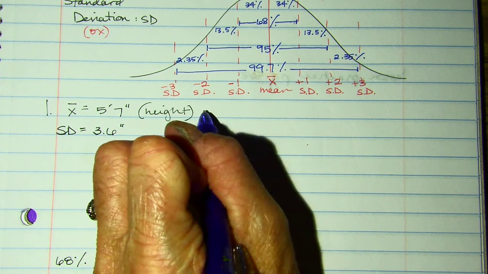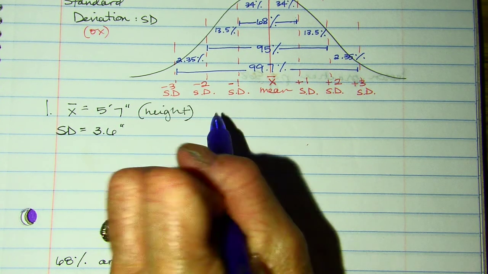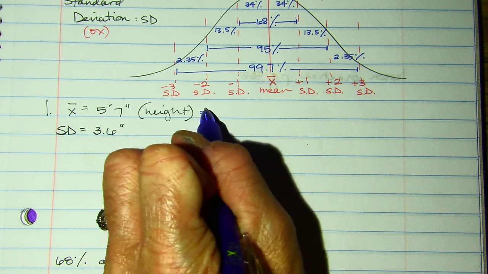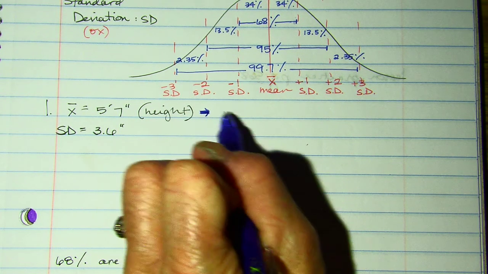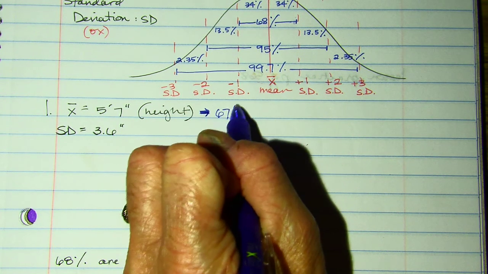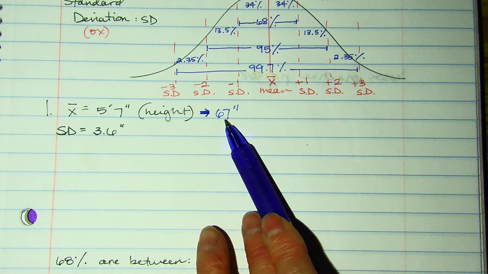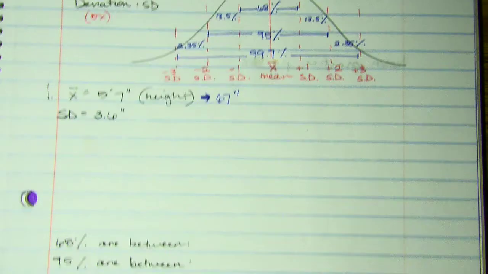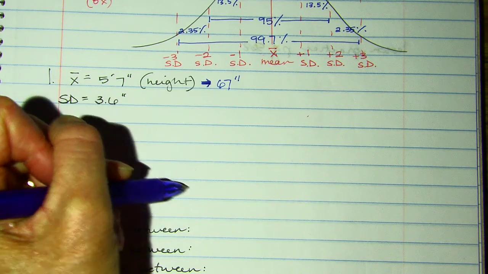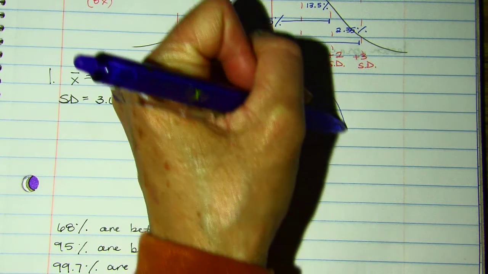So the first thing I need to do to build my bell curve is I'm going to convert this height to inches. So 5 feet 7 inches is 67 inches. That way both our standard deviation and our average is in inches. So I'm going to build a curve and then we're going to analyze the data.